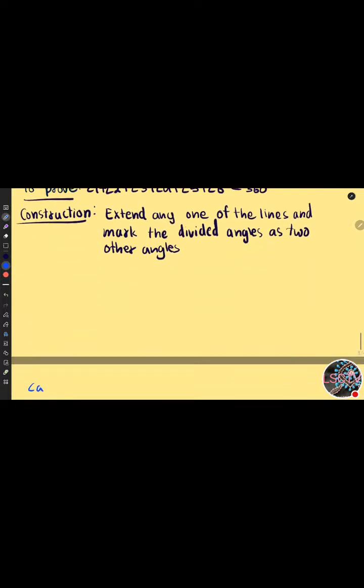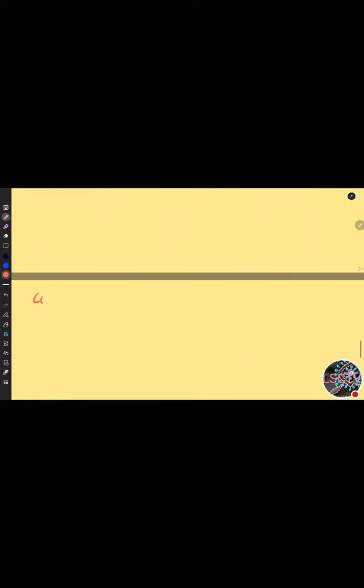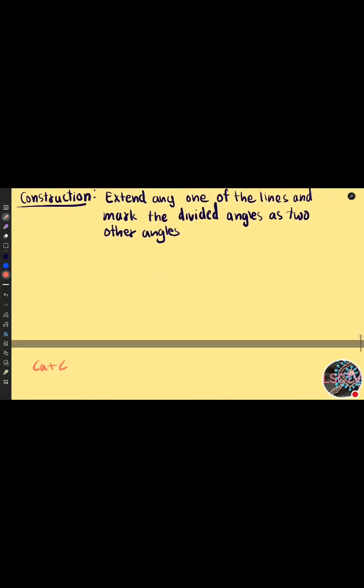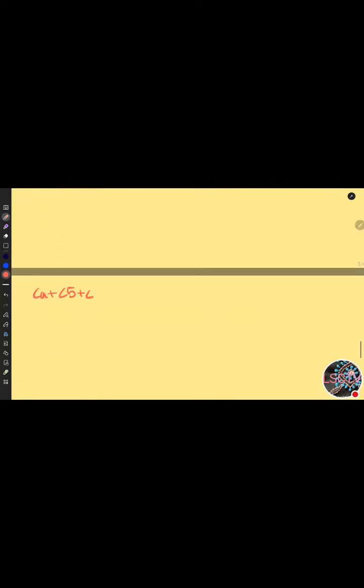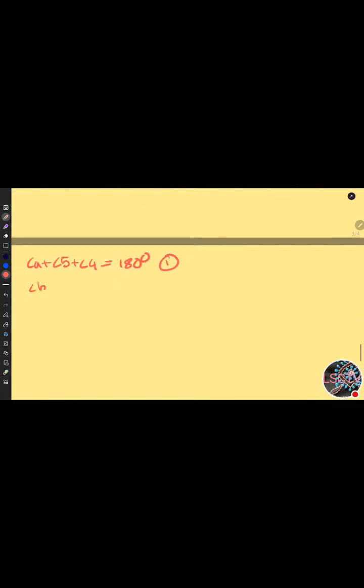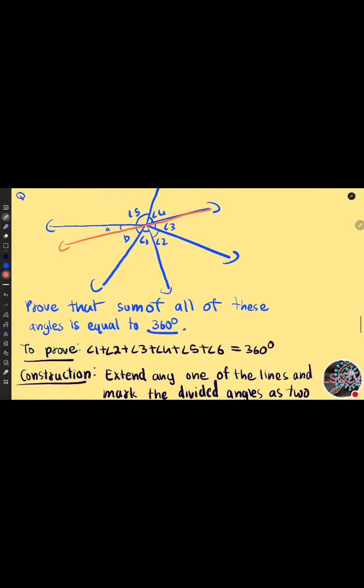Angle A plus angle 5 plus angle 4 equals to 180 degrees is our equation 1. Now, angle B plus angle 1 plus angle 2 plus angle 3 is also equals to 180 degrees. Correct? Yes, it's correct.